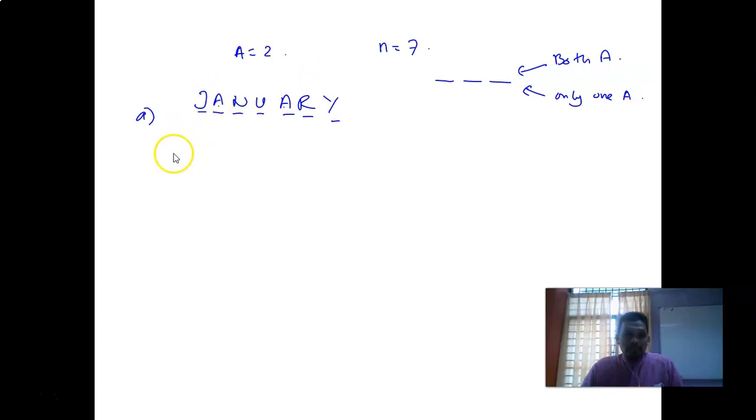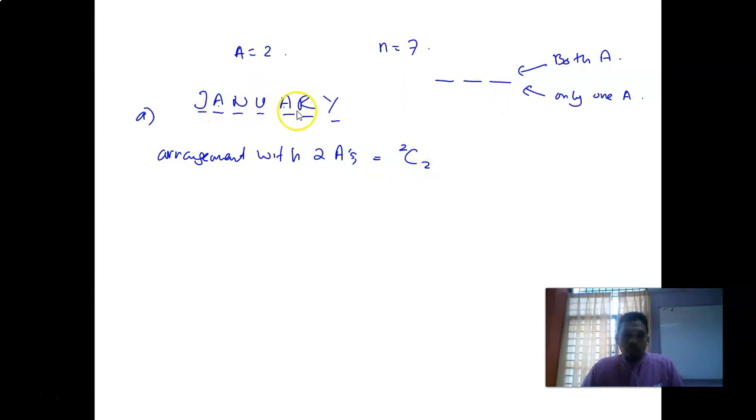So for arrangement with 2 A's, it is equal to 2C2.